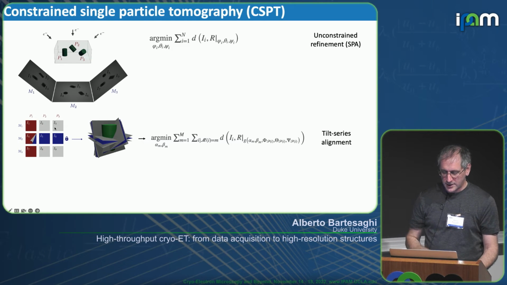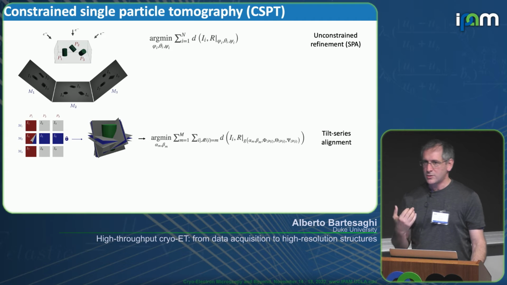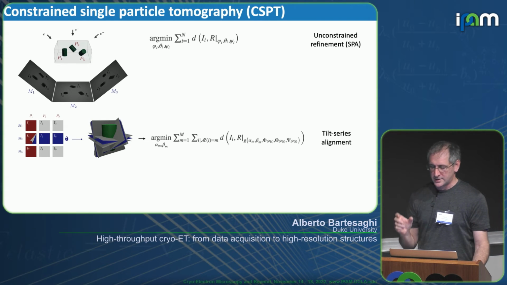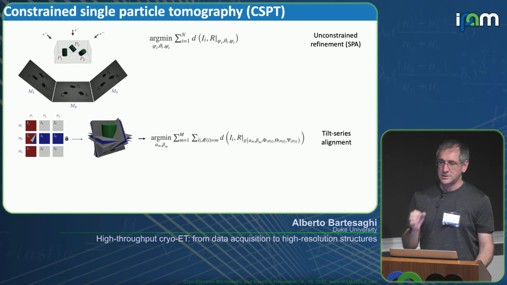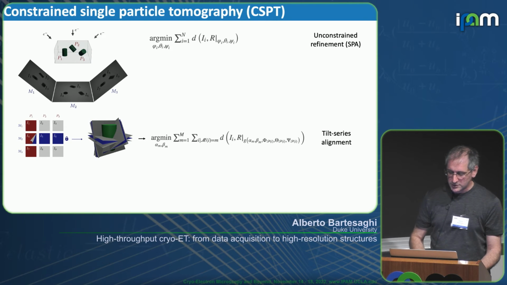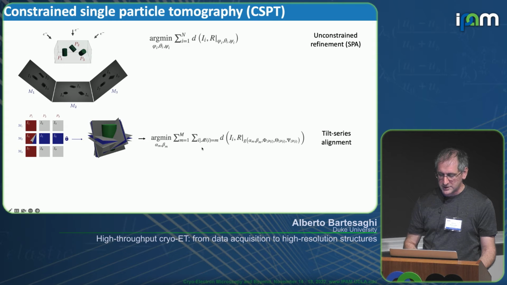And then what I can do in terms of refinement is tilt series alignment, but now just using the signal coming from individual particles, right? So I don't need gold fiducials or anything else. I just use the signal coming from the individual particles, and I match to a high resolution reference, and that's going to allow me to improve the tilt series alignment using this approach. So the way you do that is you split the sum.